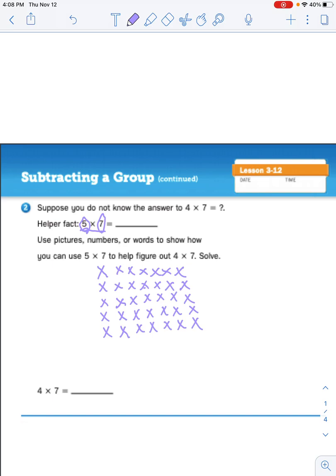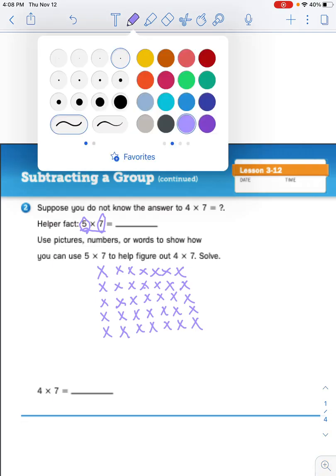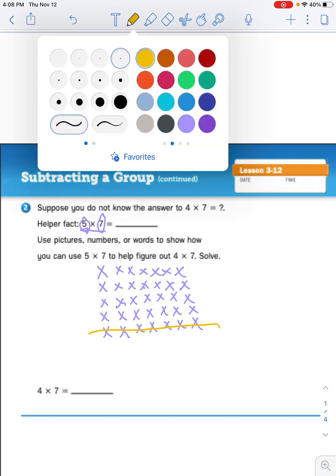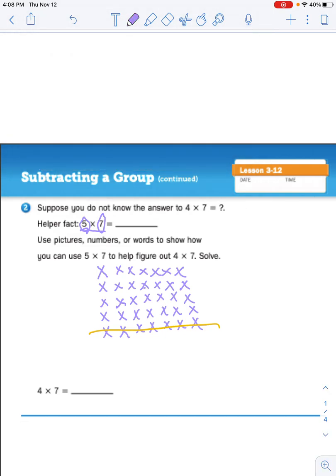But I need to figure out what 4 times 7 is. This was just my helper fact. So I'll use a color you can see really well. I need to take away one group of 7, which is the same thing as saying take away one row. So I'm going to cross out that row. I forgot that before I cross out the row, I should have said what 5 times 7 equals.